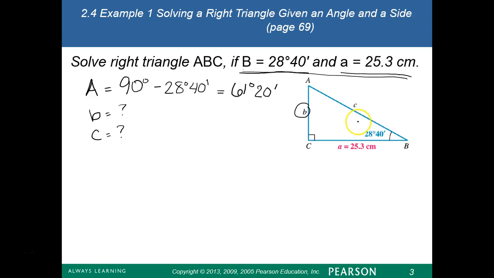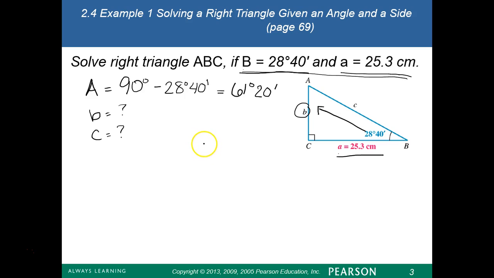So angle B, side B is opposite of our angle B, and we are given the adjacent side. Okay, so we're asked to solve for the opposite, and we are given the adjacent.